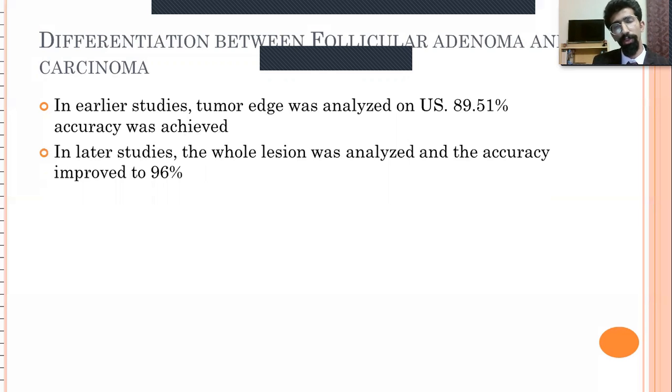Earlier, we took the margins of the ultrasound and we trained the AI-based model to recognize the patterns in that particular ultrasound image. And we achieved 89.5% accuracy with that. Later, the whole lesion was actually analyzed with the AI-based model and 96% accuracy was achieved.